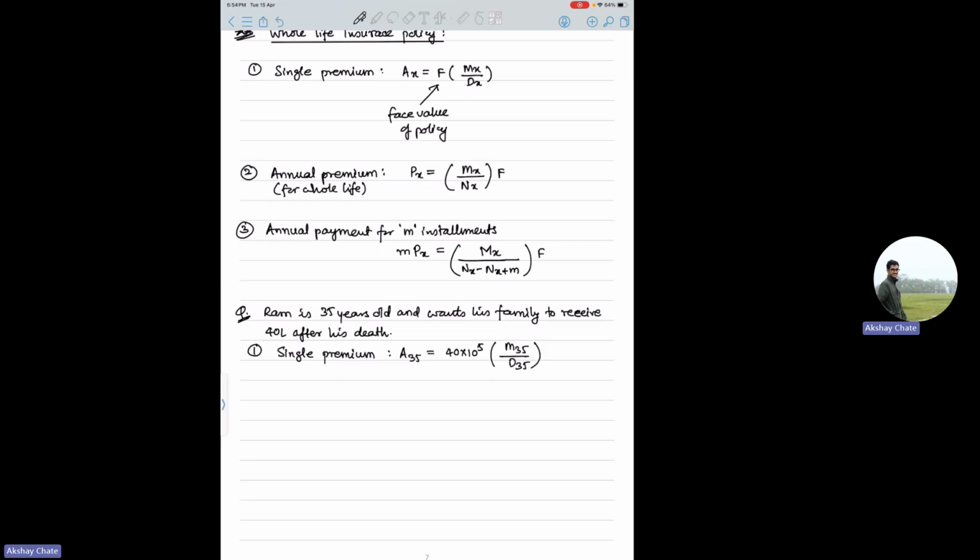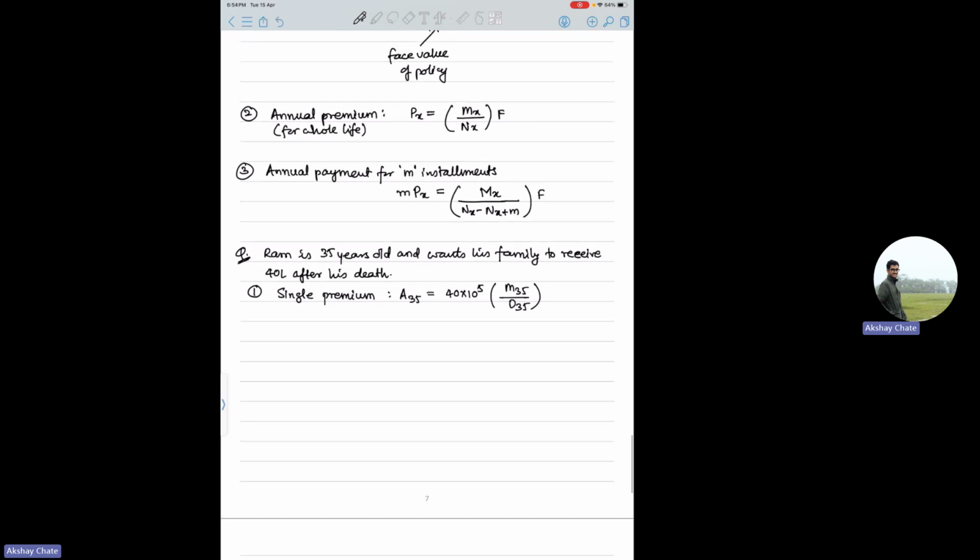So M35 comes out to be 2854.57, divided by D35, which comes out to be 17369.06.